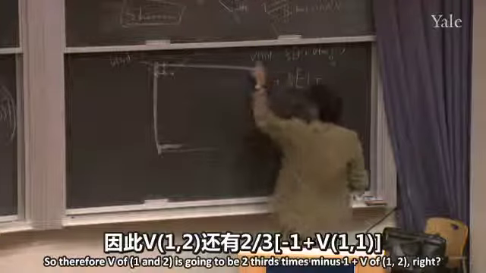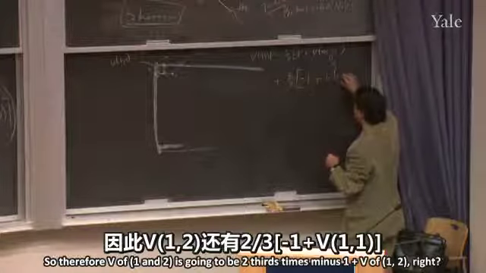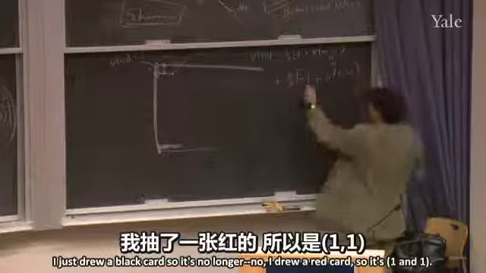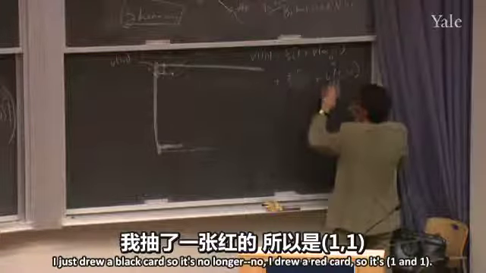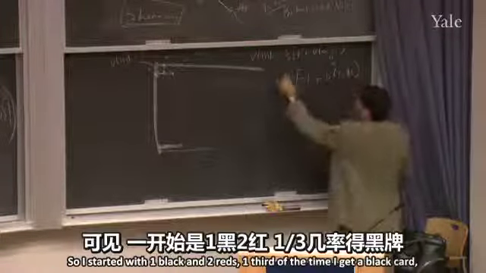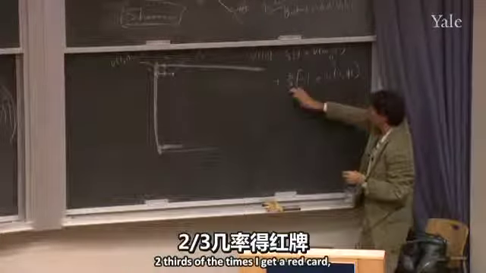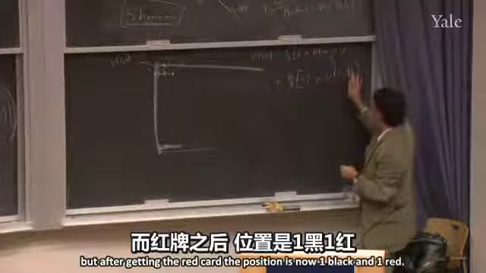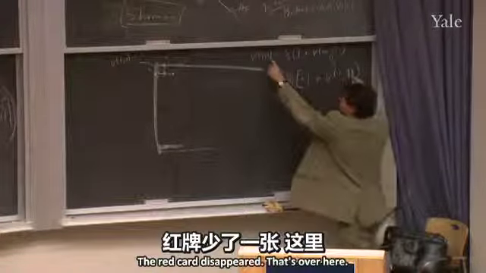Okay, so therefore V of 1 and 2 is going to be 2/3 times minus 1 plus V of 1, 1, right? I drew a red card, so it's 1 and 1. So I started with 1 black and 2 reds. A third of the time I get a black card. 2/3 of the times I get a red card. But after getting the red card, the position is now 1 black and 1 red. The red card disappeared.